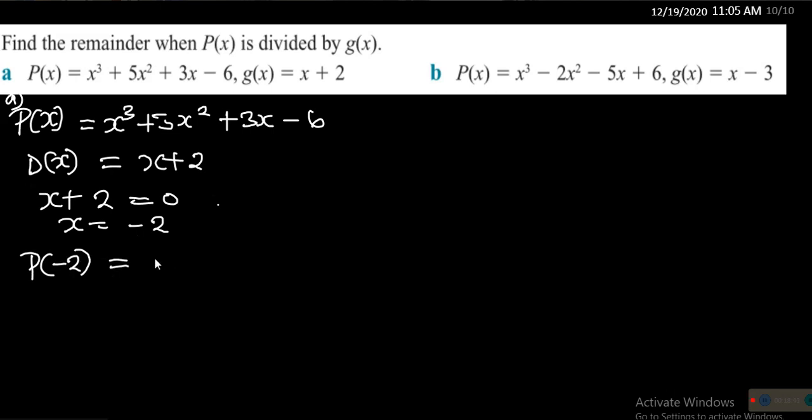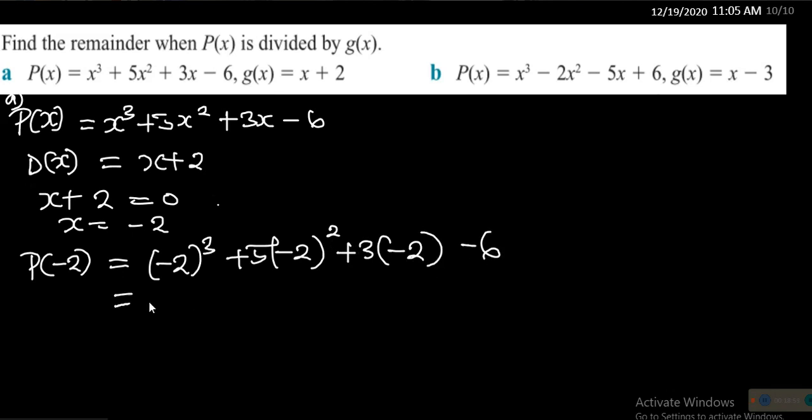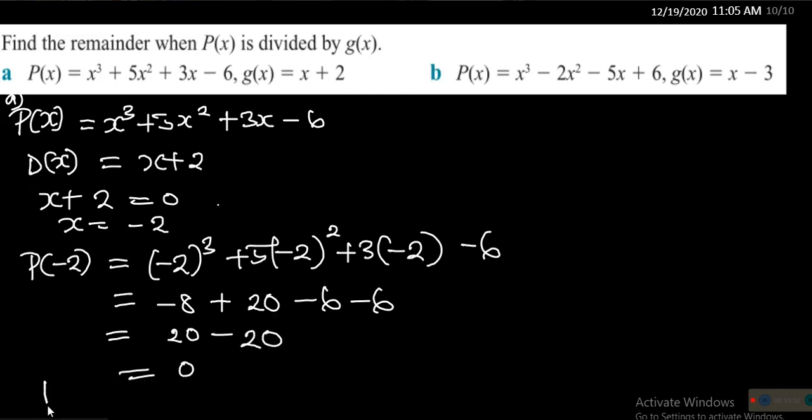Let's find p of minus 2, which is minus 2 raised to power 3 plus 5 into minus 2 raised to power 2 plus 3 into minus 2 minus 6, and that is minus 8 plus 5 times 4, which is 20, minus 6 minus 6. So this is 20 minus 20, which is 0. So p of minus 2 equals 0.